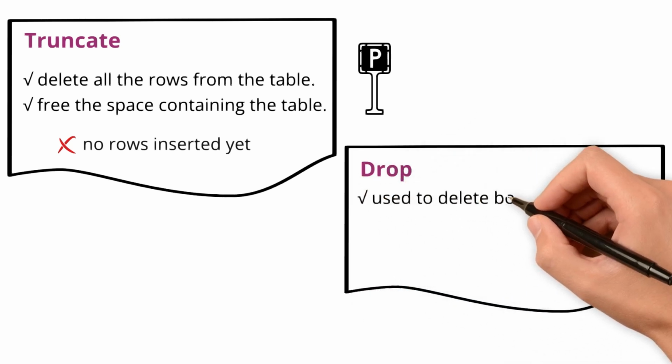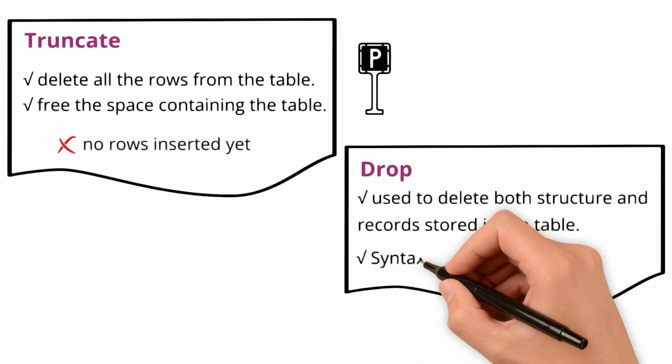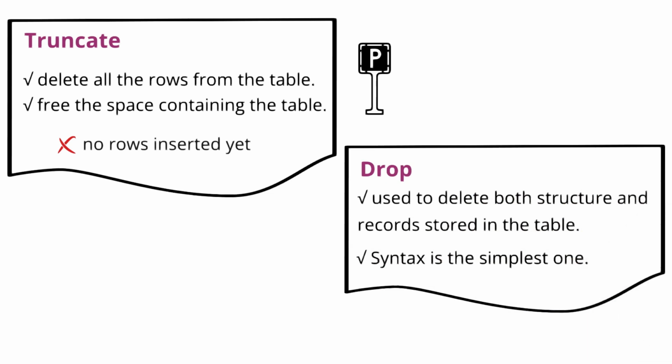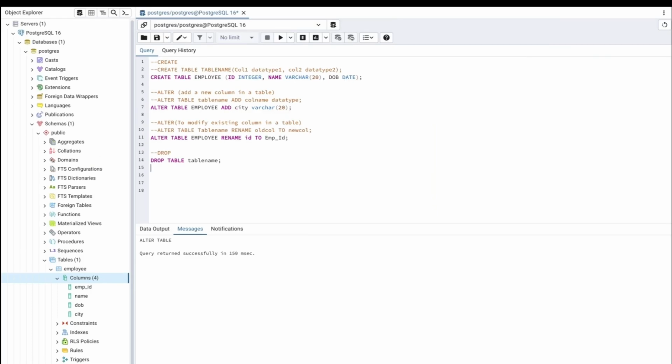It is used to delete both the structure and the records stored in the table. Its syntax is the simplest one. Let's go to Postgres again. This is the simplest command, drop table name. Employee.